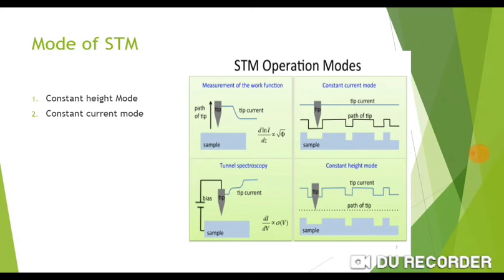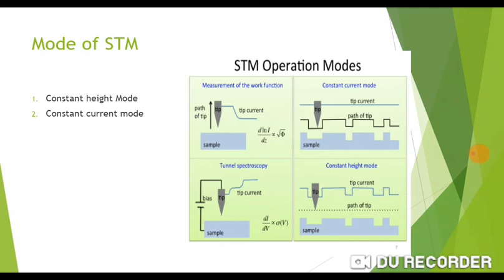So if you consider the constant height mode, the vertical position of the tip remains constant. As I said, the height is kept constant and the current varies depending on the distance between the tip and the local surface of the specimen.